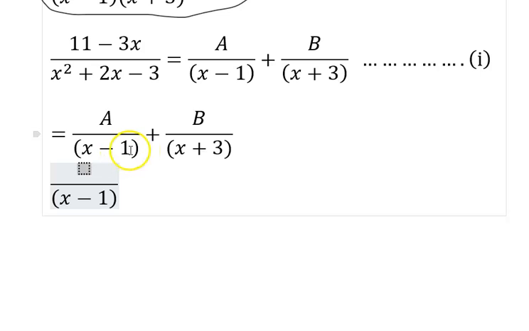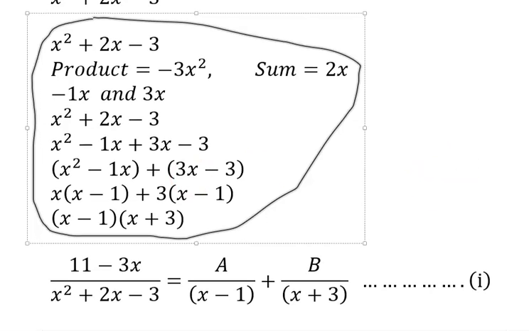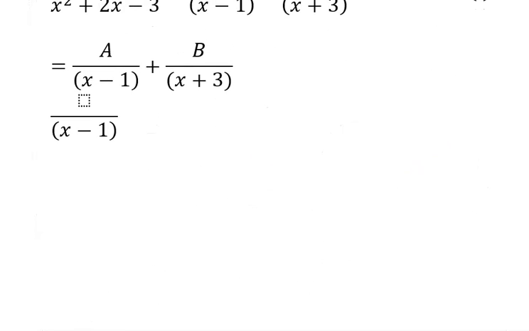LCM of x minus 1 and x plus 3 is actually x minus 1, x plus 3. Beautiful. That's the LCM of this.